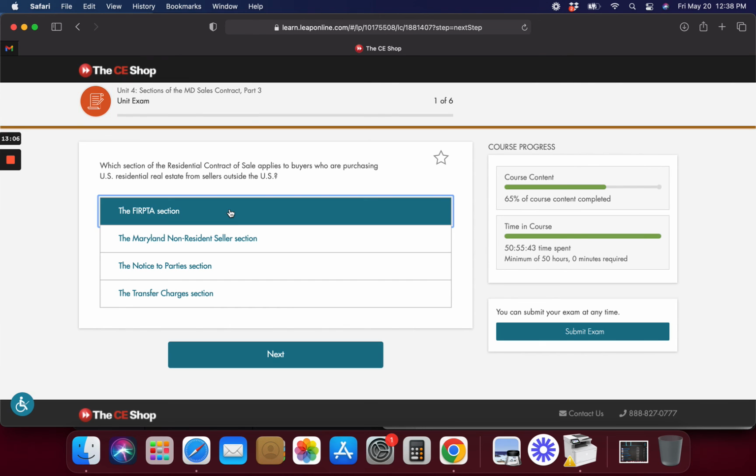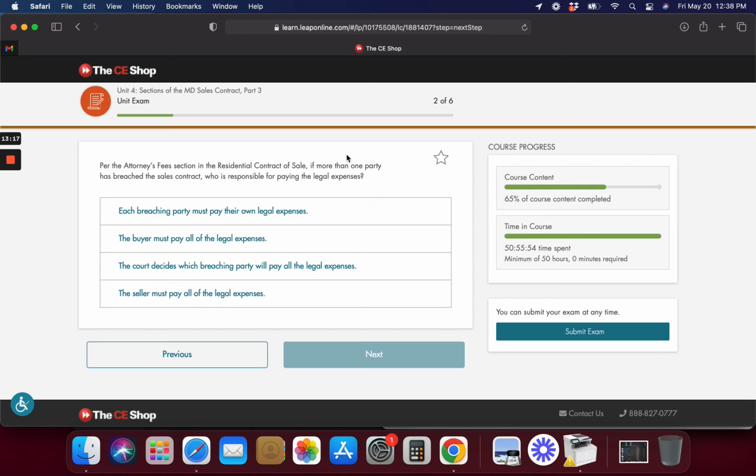All right, this section, I think it's notice the parties, but we'll see. All right, per the attorney's fee, if more than one party is breached, who is responsible for paying legal expenses? If more than one party has it.